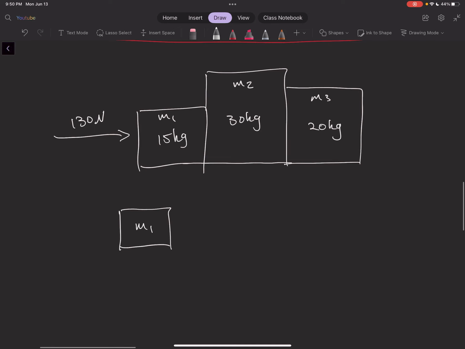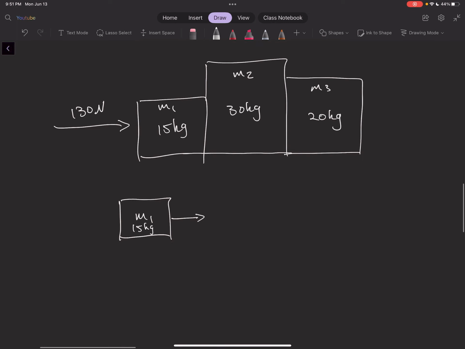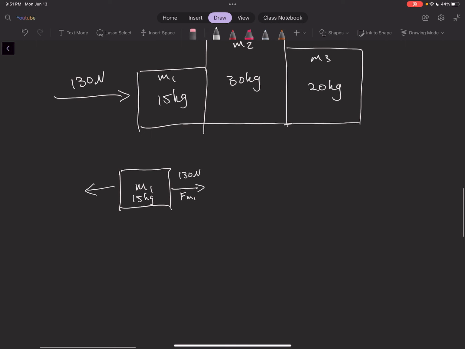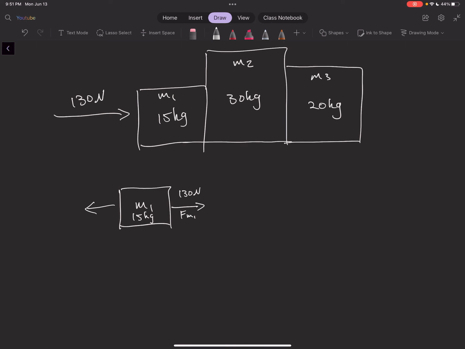Now, let's start with M1. M1 is the 15 kilogram block. It experiences a force that's pushing it to the right of 130 newtons. In this case, we're just going to name this force F of M1, the force that M1 experiences. It also experiences a force that's pushing backwards from M2 and M3.